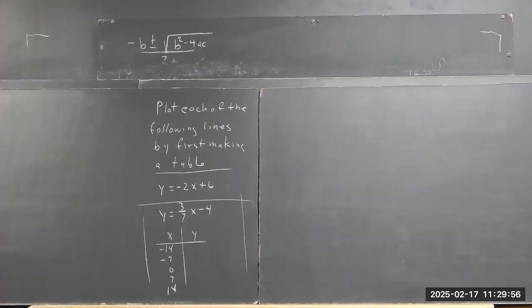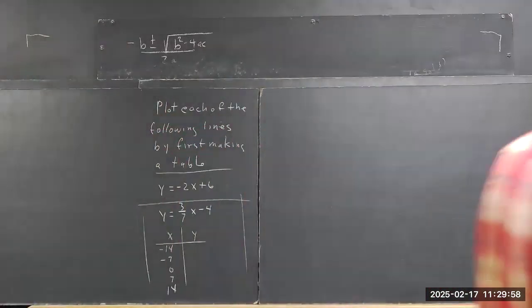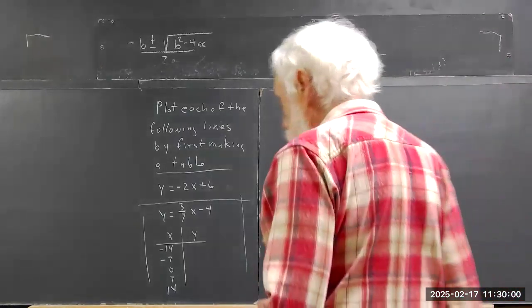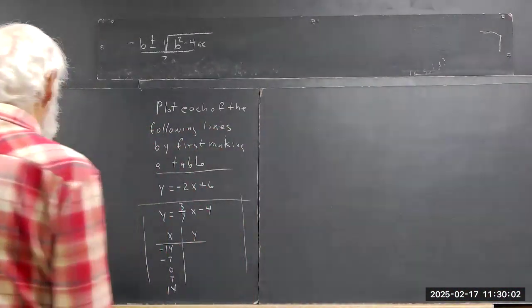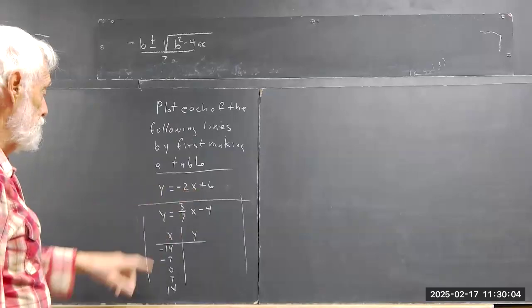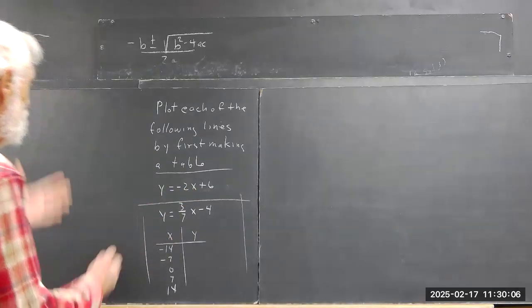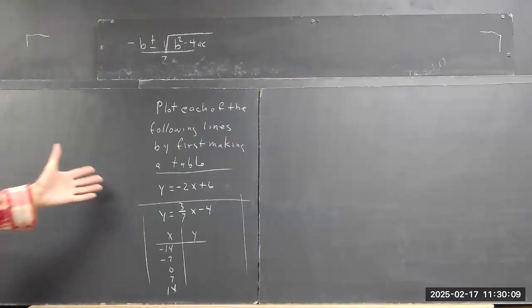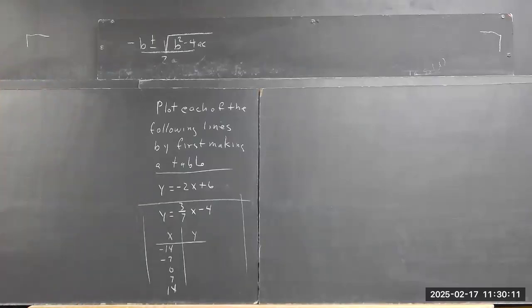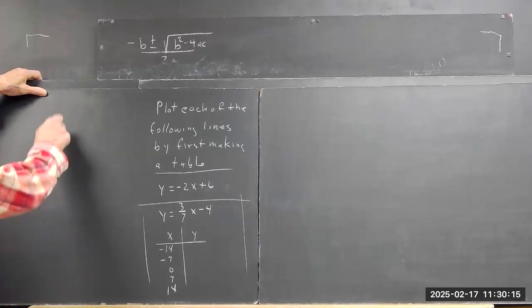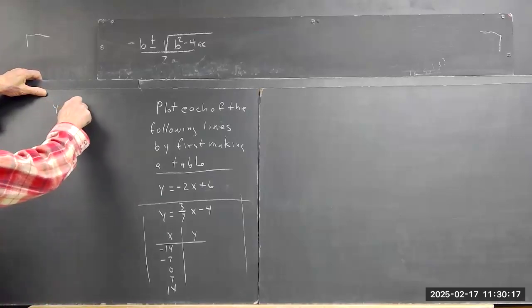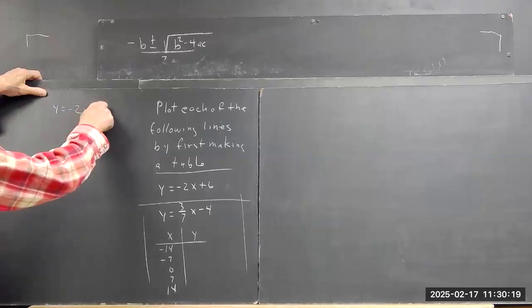There are two linear functions. We'll see what linear functions are. It's y equals, y equals. Okay, so make a table, plot each line by first making a table. Take y equals -2x plus 6.